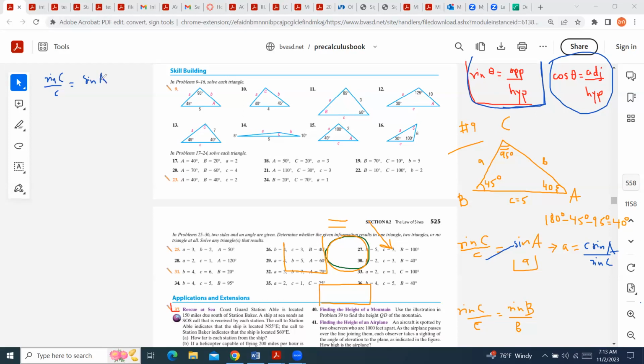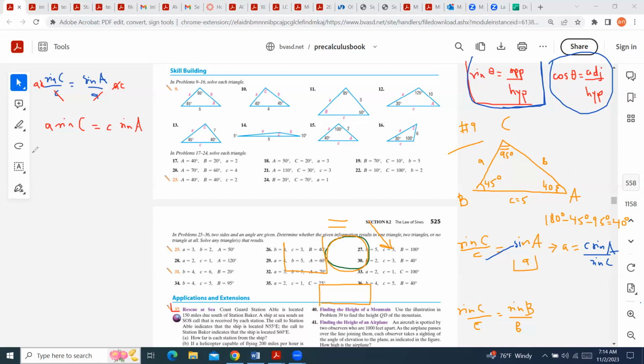I can always clear denominators because they always bother me. The common denominator will be AC, so I multiply both sides by it. So there'll be no more denominators, but A sine C equals C sine A. And from here, without denominators, I can isolate any letter I like.